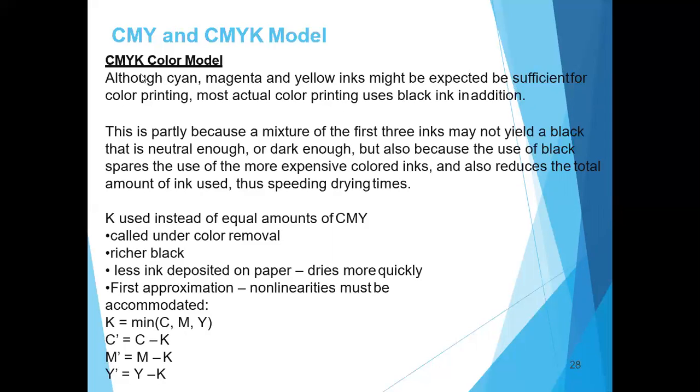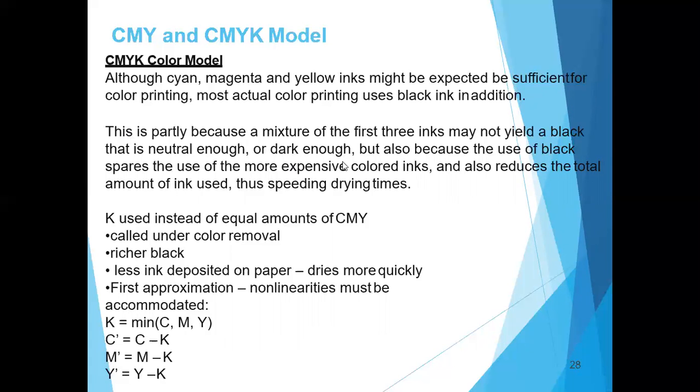The black ink is represented by K, which is why it is called CMYK. This is partly because a mixture of the first three inks may not yield a black that is neutral enough or dark enough, but also because the use of black spares the use of the more expensive colored inks and reduces the total amount of ink, thus speeding drying times.